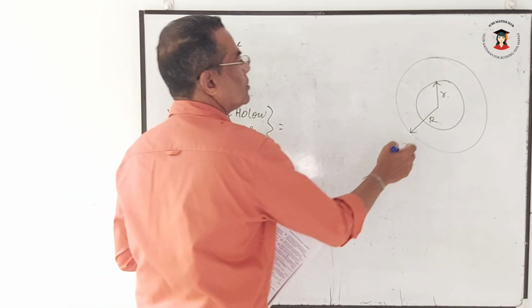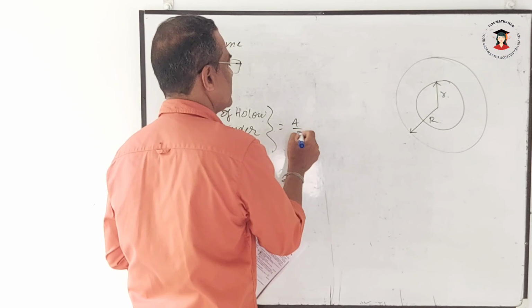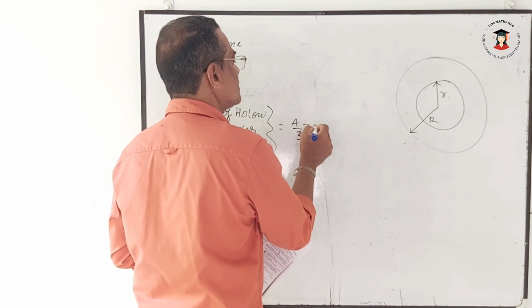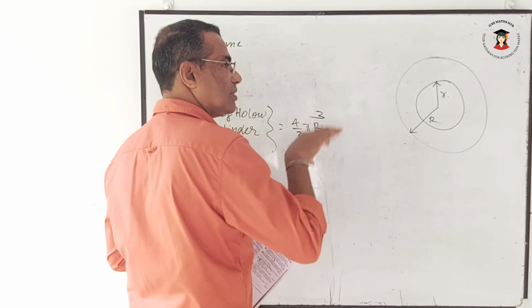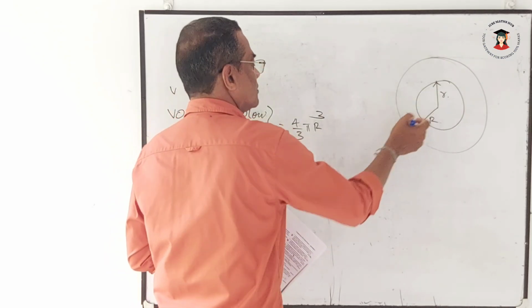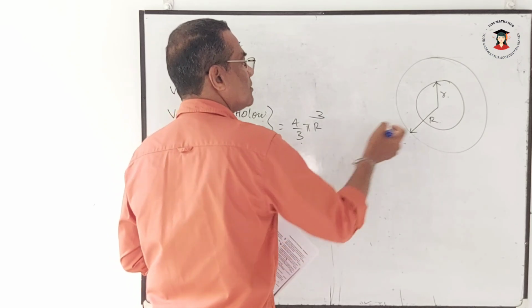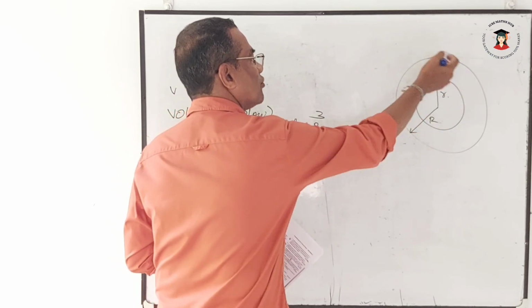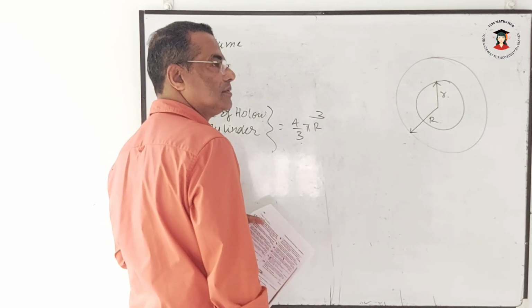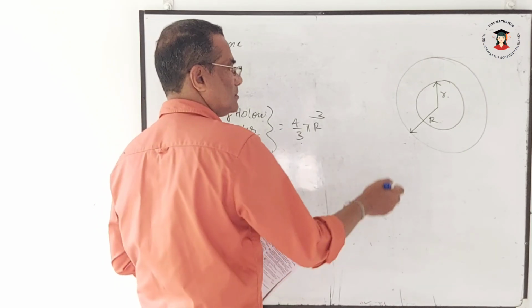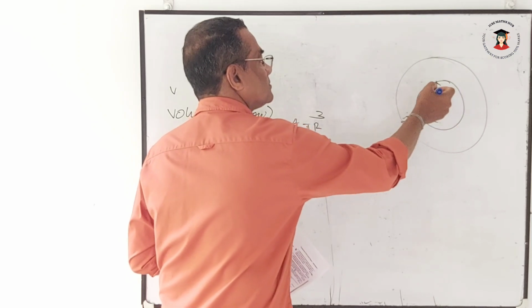will be equal to volume up to here, that is 4 by 3 pi R cube. This volume is the volume of the big sphere, but this much part is not there.